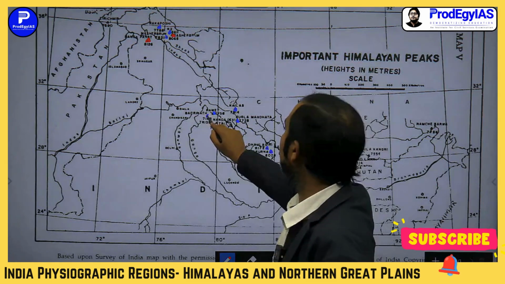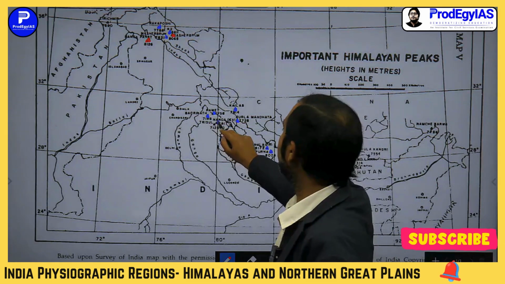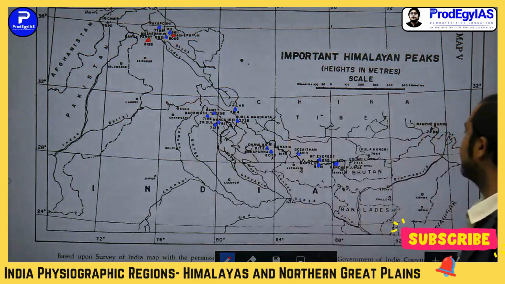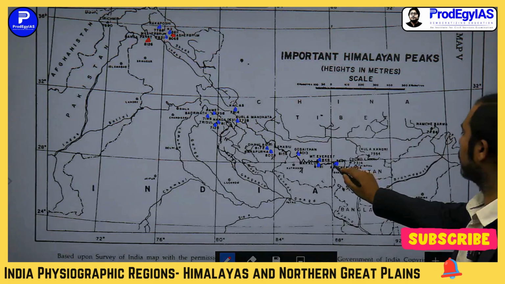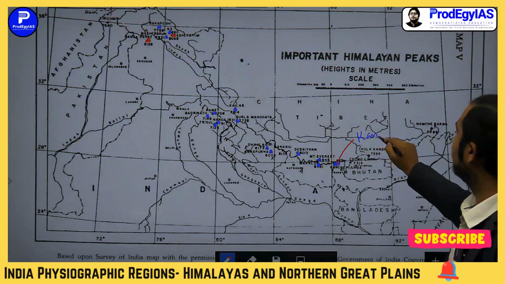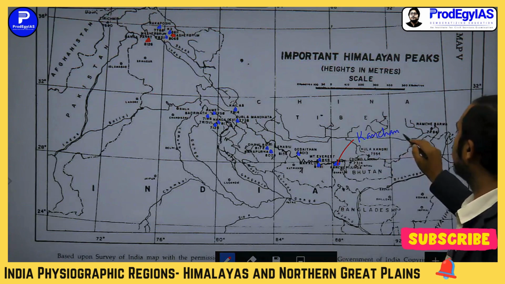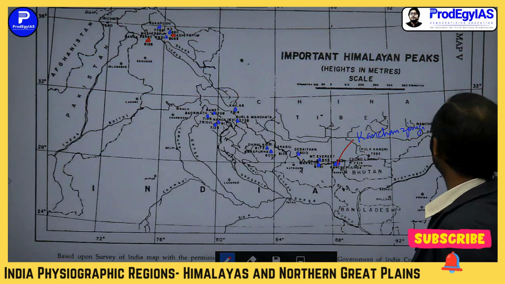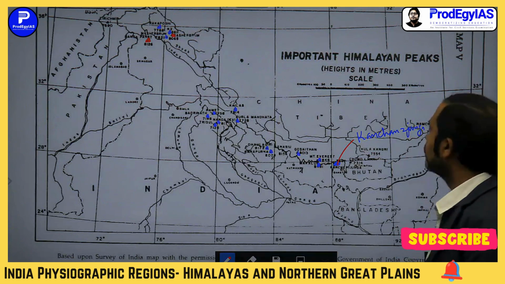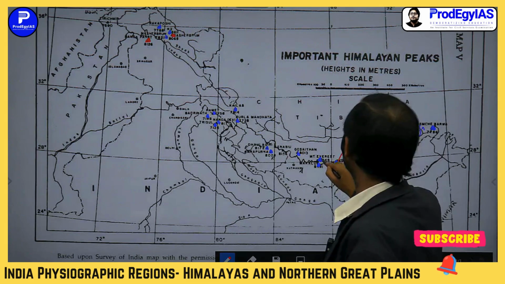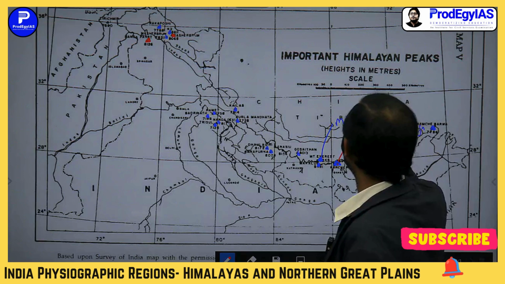This is Badrinath, Nanda Devi, Trishul. They all are important peaks. Kanchenjunga. Here it is Namcha Barwa. So this is Kanchenjunga. Then this is Mount Everest.